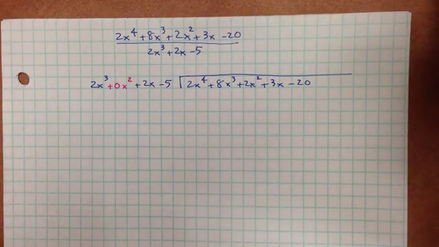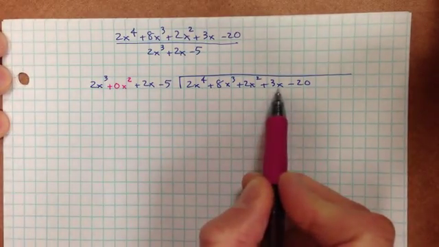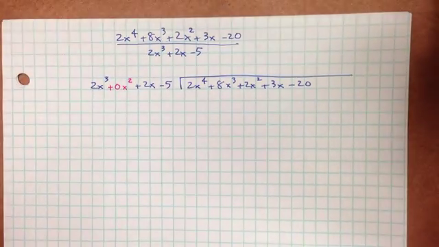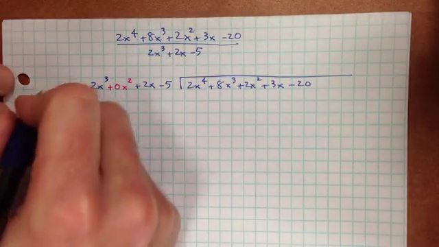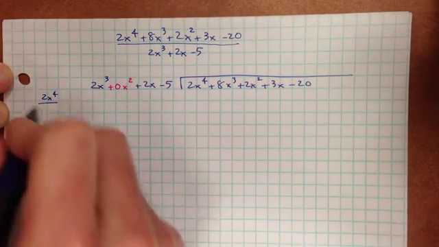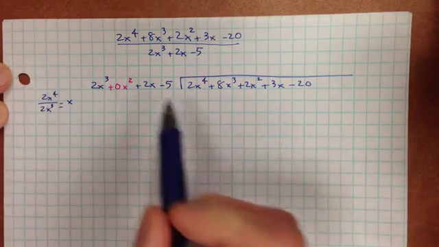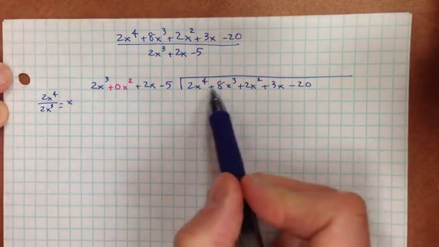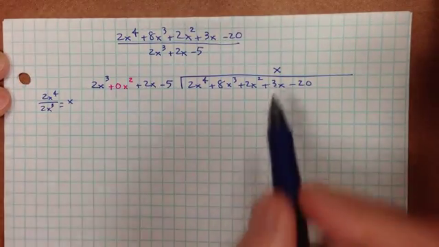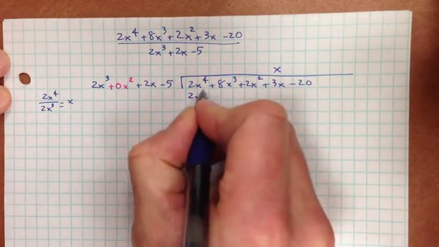So we are looking to see how many times these 4 terms go into these first 4 terms. Alright, so I do everything that I've done previously. I'm going to take my first term of 2x to the 4th, and I will be dividing it by my first term of 2x cubed. When we reduce that, we get a value of x. So these first 4 go into these first 4 x times. Now we just multiply that out. x times 2x cubed, 2x to the 4th.